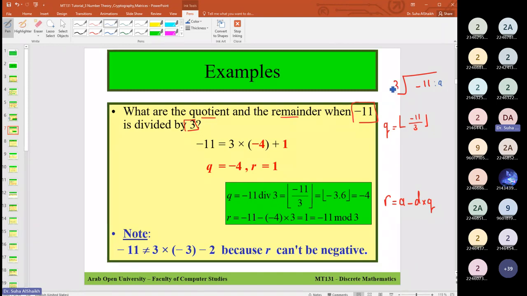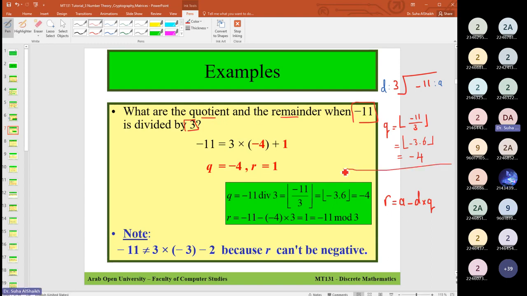It's -11. What is D? It's 3. What's Q? We will find Q here. So what is -11 over 3? It is -3.6. And what is the floor of -3.6? It is -4.